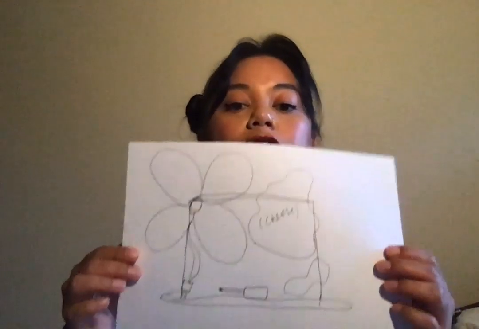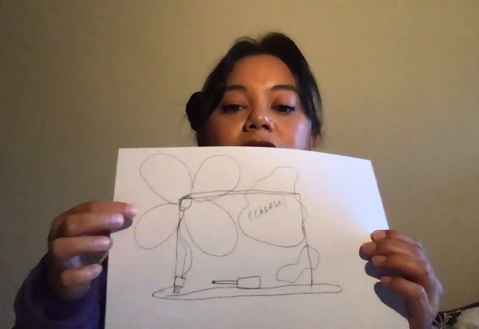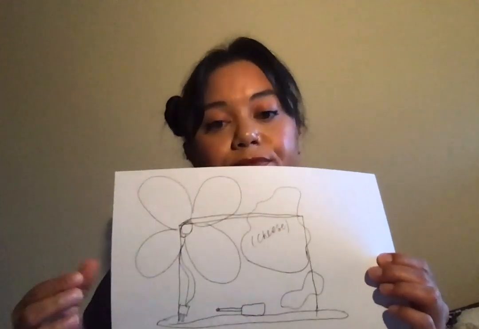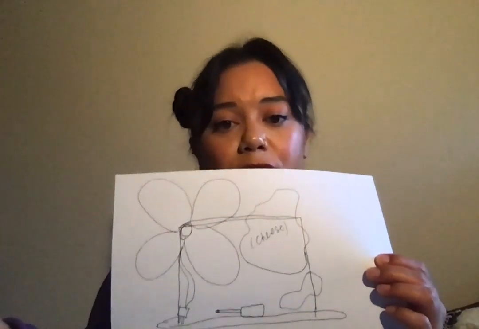How you doing over there? Are you still drawing? It's okay if you're not finished yet, but I will show you my very bad drawing of the cheese hat for Zookeeper Fred. So what I have here is parts of a fan. It's pretty much the entire fan except for the backing of it.